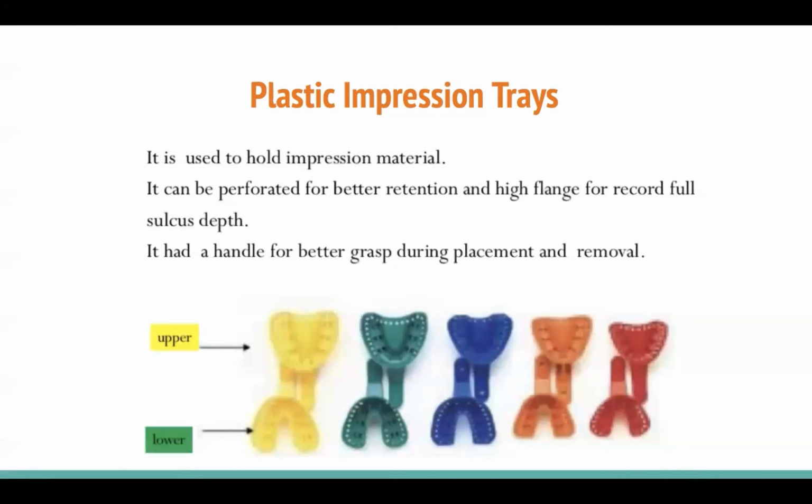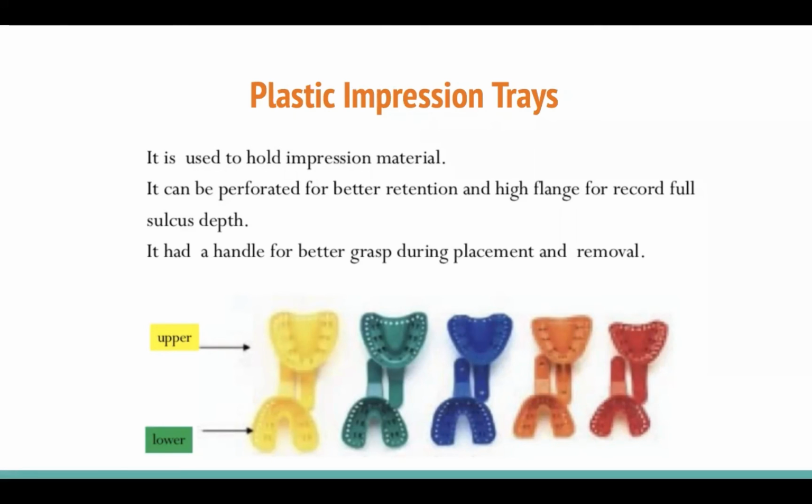After getting all the pliers and the bending and bonding instruments, what else do we need? We need impression trays. The standard plastic or metal trays which we use in the clinic, you can use them. Then you have to be careful to make a border on it with wax.